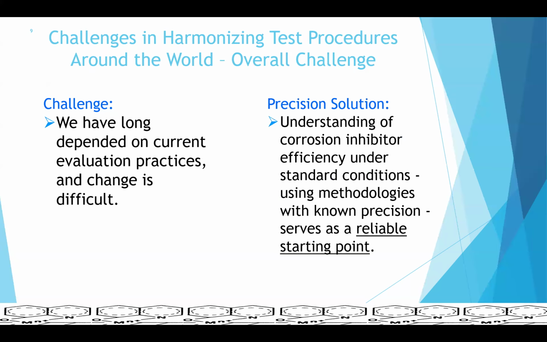The focus is the starting point. If you have standard conditions with known precision, whether, as an example, Frank at Corematrix does the experiment in Calgary, or somebody does the experiment in Australia, they should be getting the same results within the precision. So that gives us a good, reliable starting point.